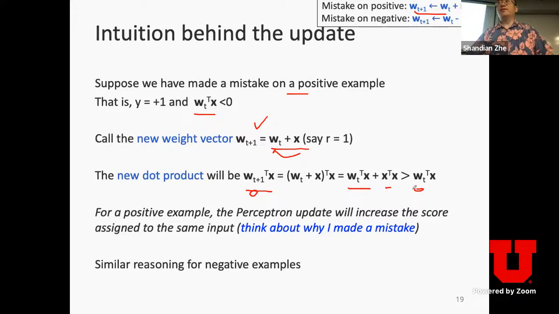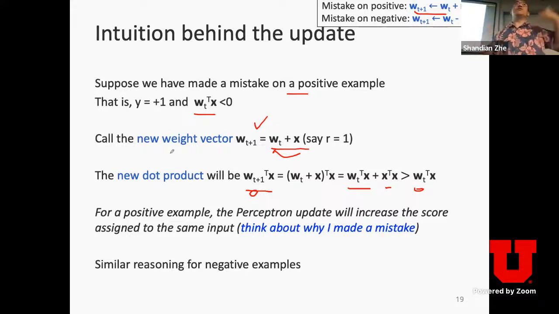Is it a good sign? The answer is yes. Why? Because the previous model has made a mistake. The reason of the mistake is that your score is too small, it's below 0. That's why you make a mistake. Now, through my updating rule, I can increase my score. It actually updates the model toward the right direction. If you want to correctly classify this positive example, you must make your prediction score positive.